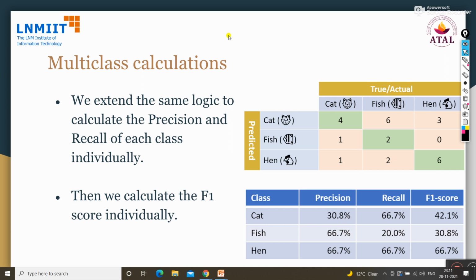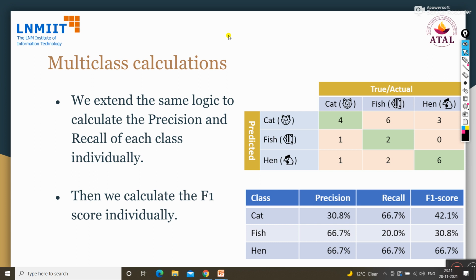What does that give you? 4 divided by 13. Yes, it is 30.769. I'm using my mobile phone calculator. It is giving 0.307692, so that is approximately 30.8.